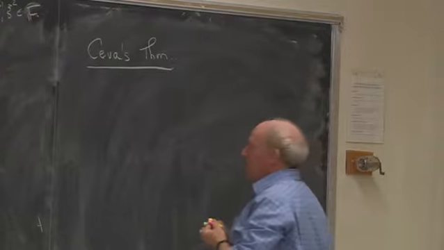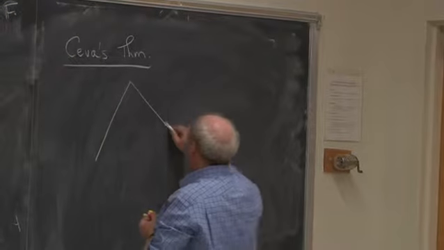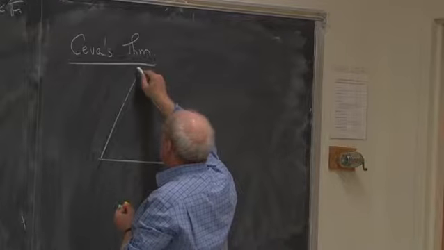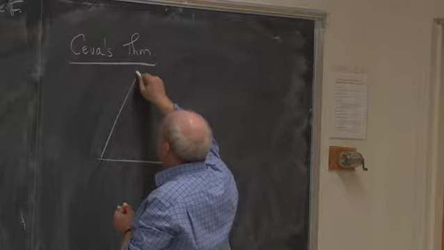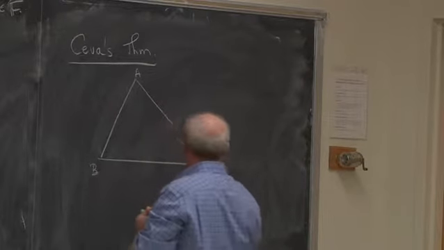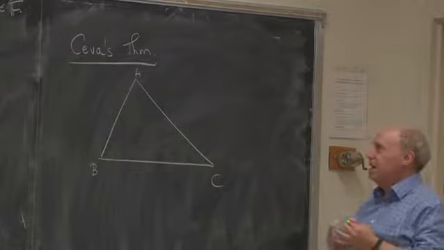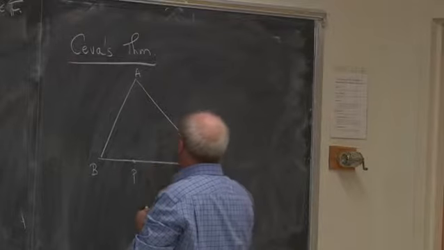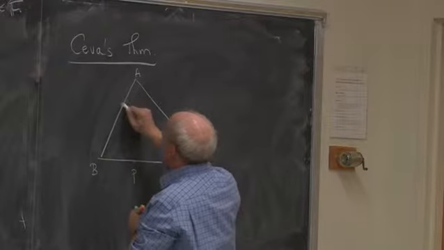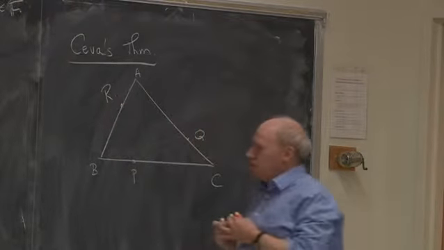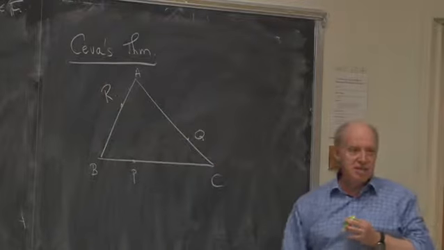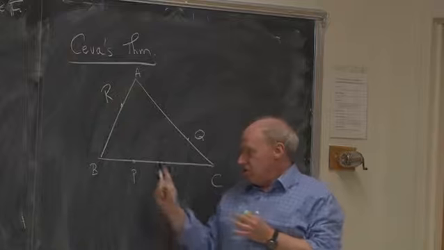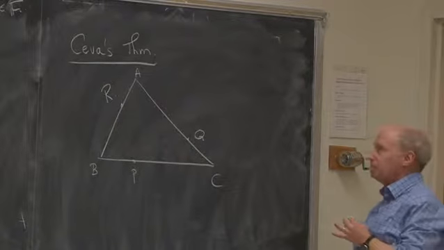And the theorem is the following: supposing that I have a triangle ABC, and supposing that I take 3 points, say P, Q, and R, and these 3 points lie on those sides. They may even spill over outside there, but they're not equal to any of the vertices.